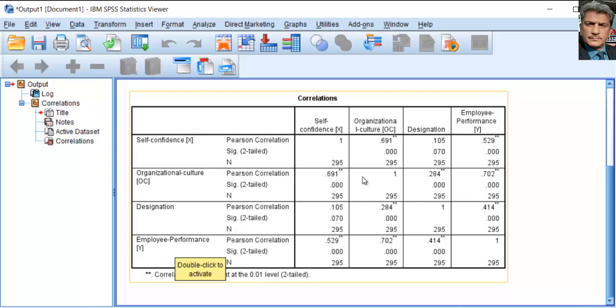Further, we have to check the collinearity issue. Collinearity refers to the statistical association between the predictors themselves: self-confidence associated with organizational culture and designation.